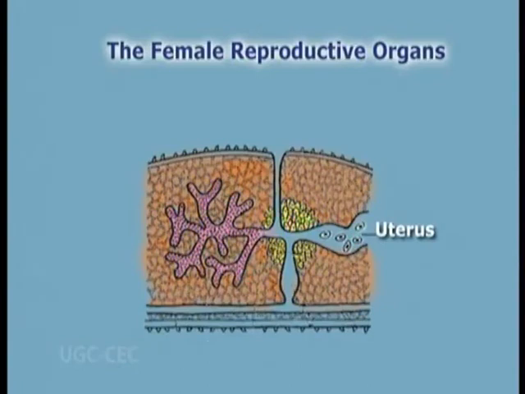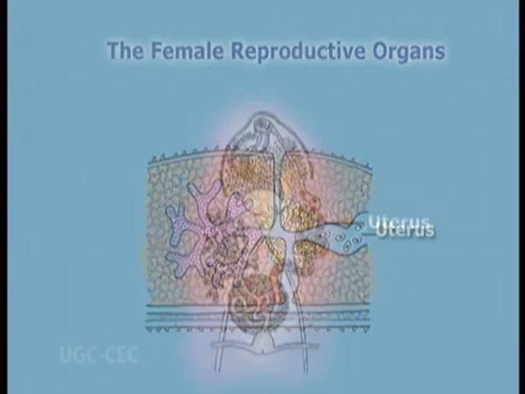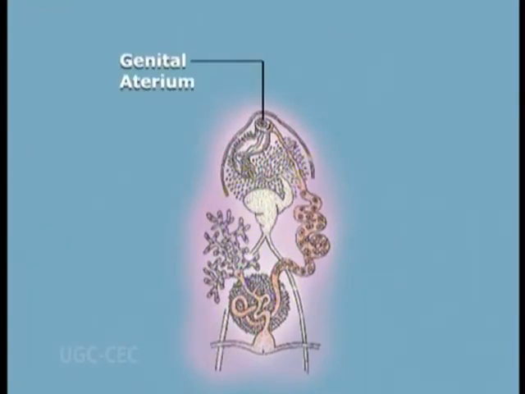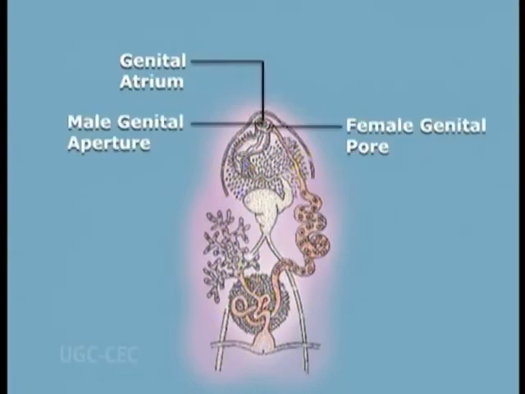I think you are observing where the uterus is situated. Now, let us discuss the uterus. It is very long, which you can see in the figure, and a highly convoluted tube that extends up to the genital atrium, opening into it through the female genital aperture, close to the male genital pore on the left side.